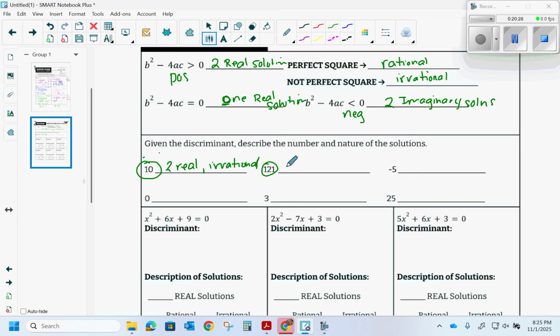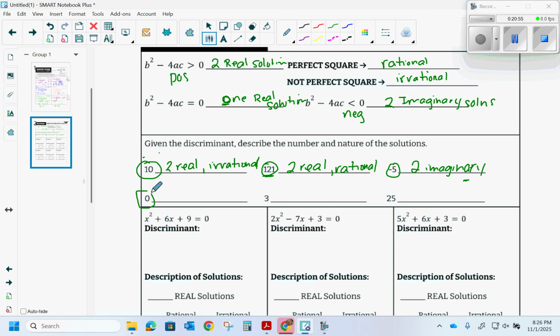121 is a perfect square. It's positive, so there are two real solutions, and because it's a perfect square, 11 squared, they are rational. If the discriminant is -5, there are two imaginary solutions.